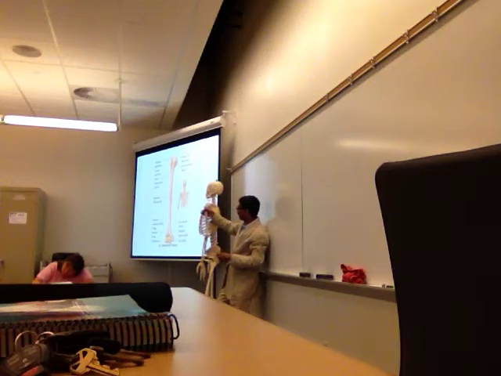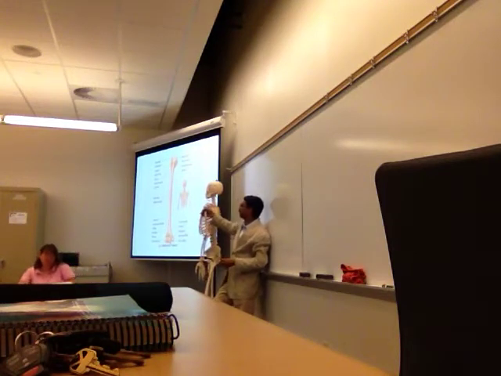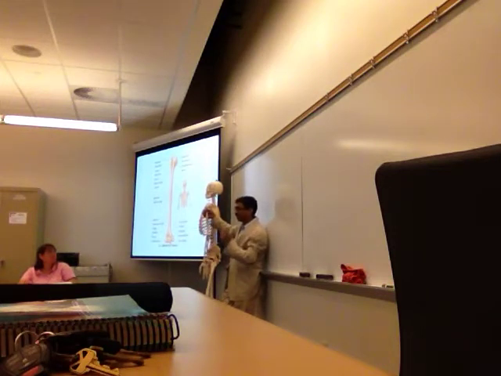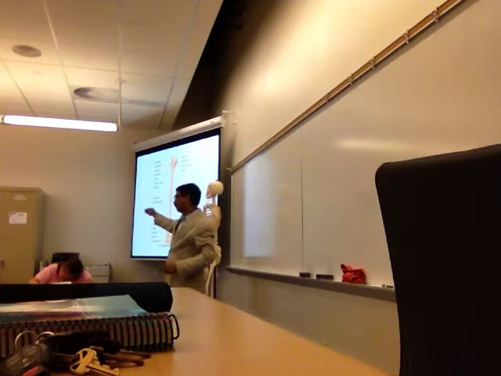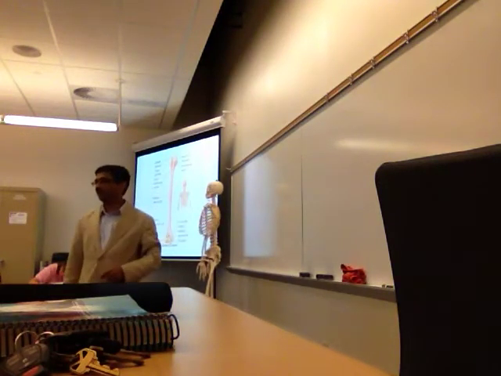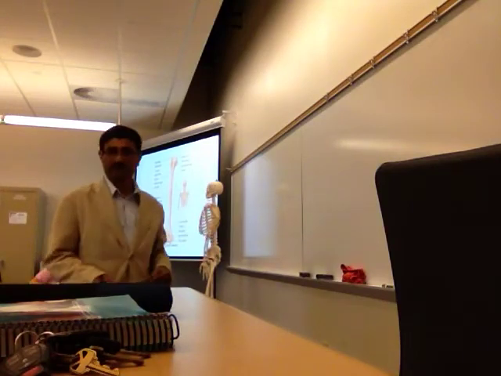The bone will be stuck here. That's the surgical neck. And around the head, that's the anatomical neck. And why is this part called the surgical neck? Because in most cases, fracture of this bone occurs here. That's why this is called the surgical neck of the humerus.